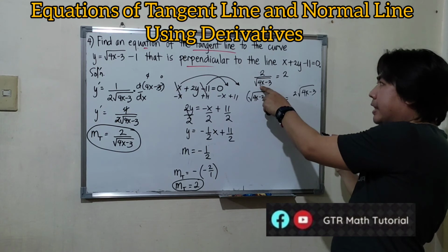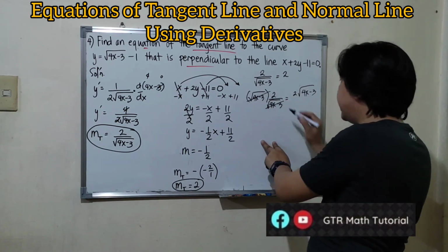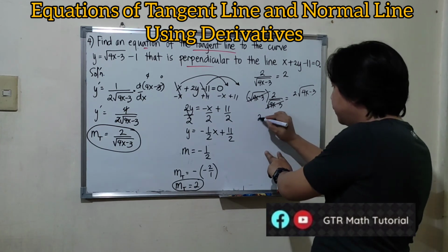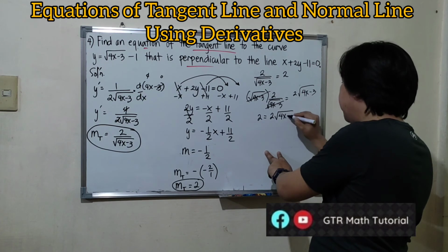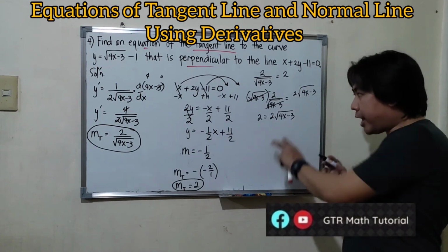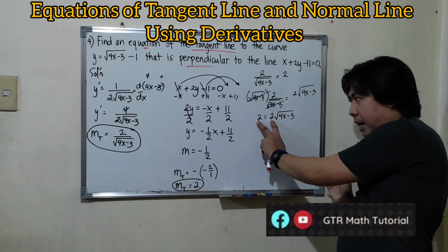Okay? So, we multiply both sides by this term, 4x minus 3. So, cancel this. So, therefore, we have 2 equals 2 times square root of 4x minus 3. So, solve for x. So, divide both sides by 2.